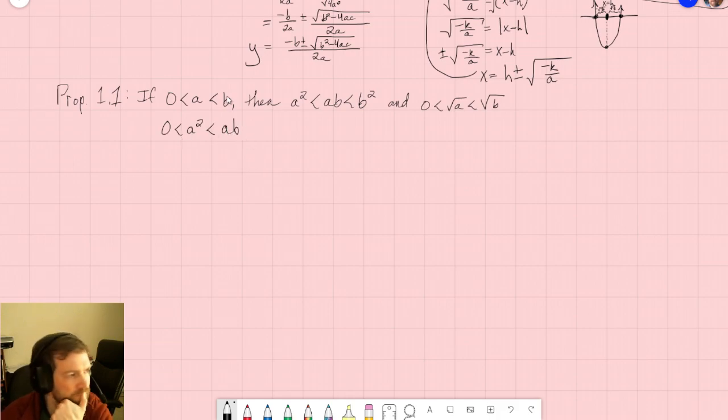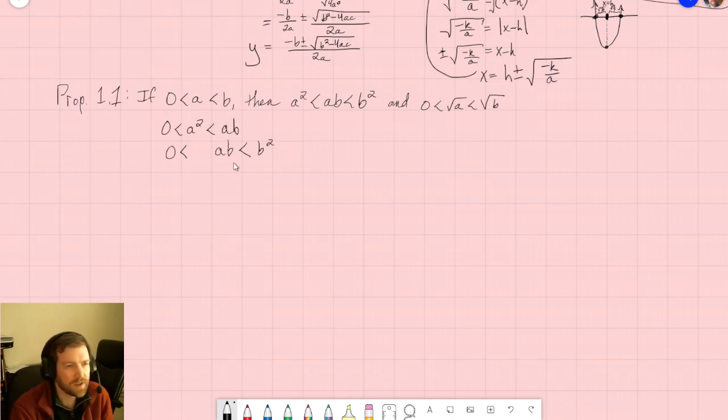And also, if we multiply B onto all parts, then 0 is going to be less than AB, less than B squared.